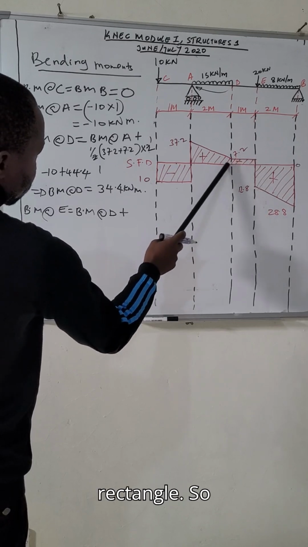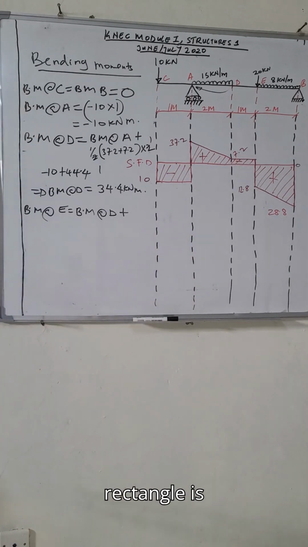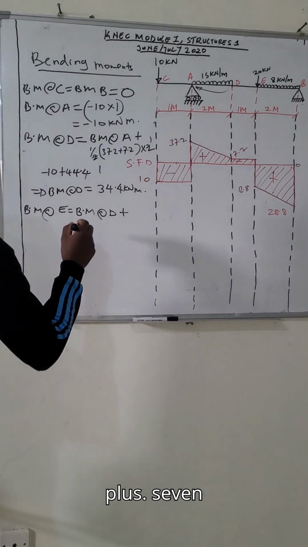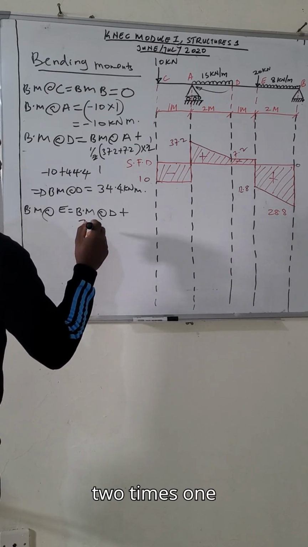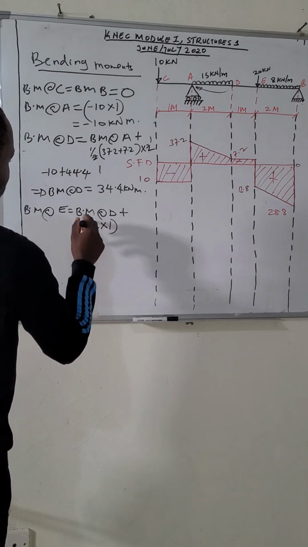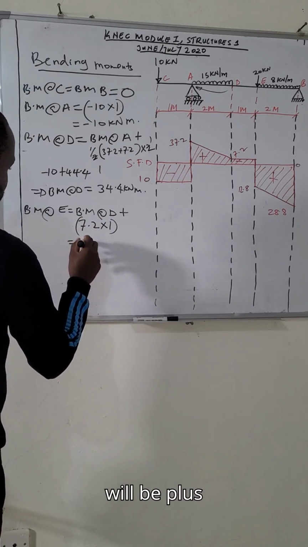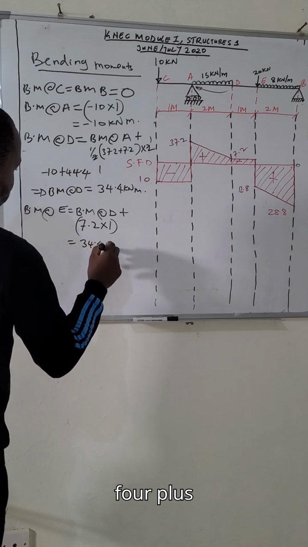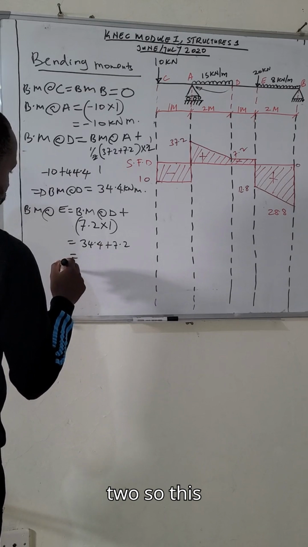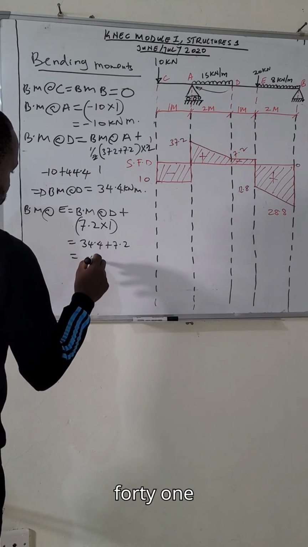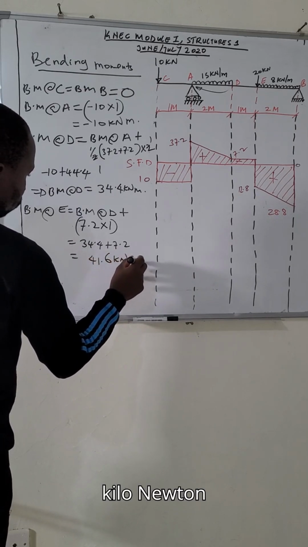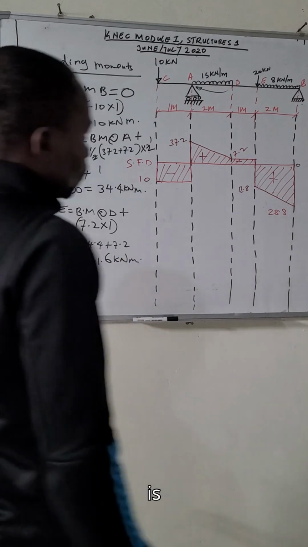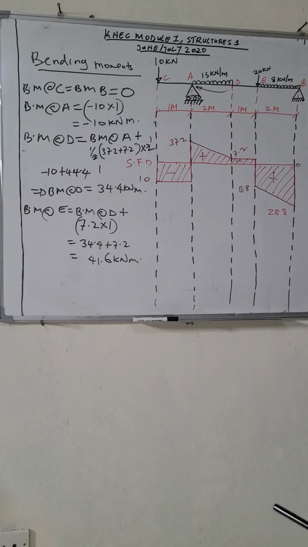As you can see, this is a rectangle, so the area of a rectangle is length times width, plus 7.2 times 1. So this will be 34.4 plus 7.2, which is 41.6 kilonewton meter. So that is the bending moment at E.